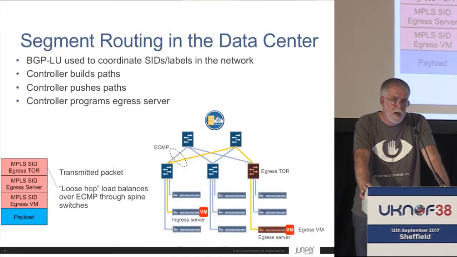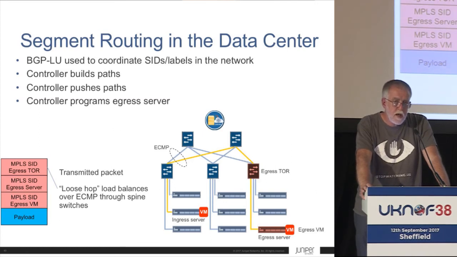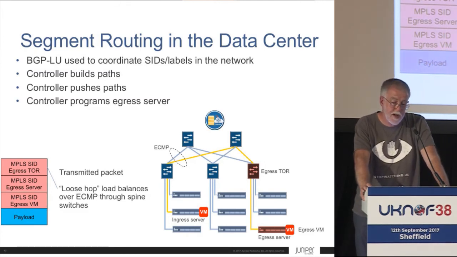The data center turns out to be a popular place for segment routing to be discussed, and extensions to BGP have been proposed as a way of pushing instructions, forwarding instructions related to segment identifiers down into the data center.